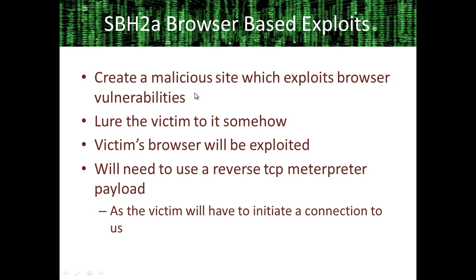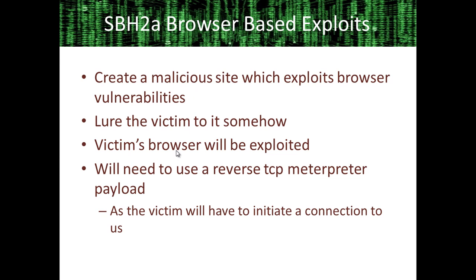Now, what does one have to do? Well, an attacker has to create a malicious site which is going to host all these browser-based exploits. When the victim visits this malicious website, the attacker will try various exploits on the victim's browser.